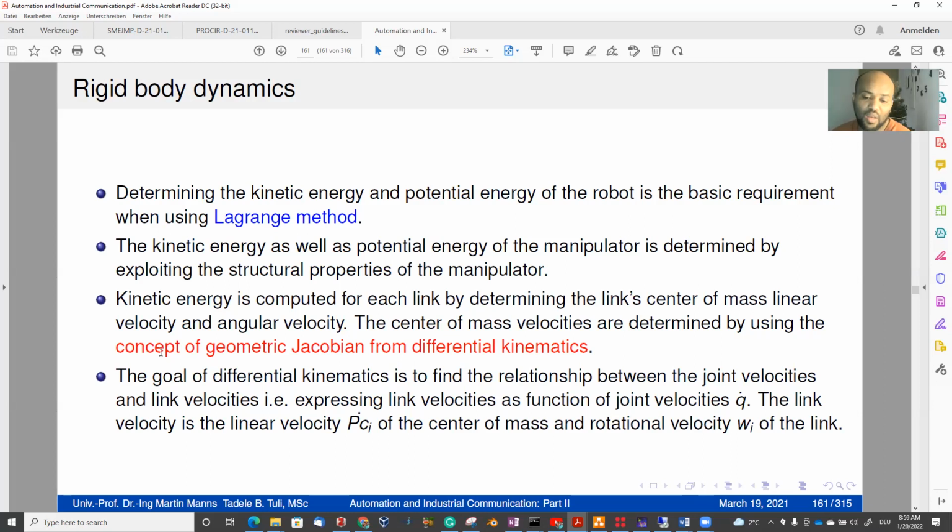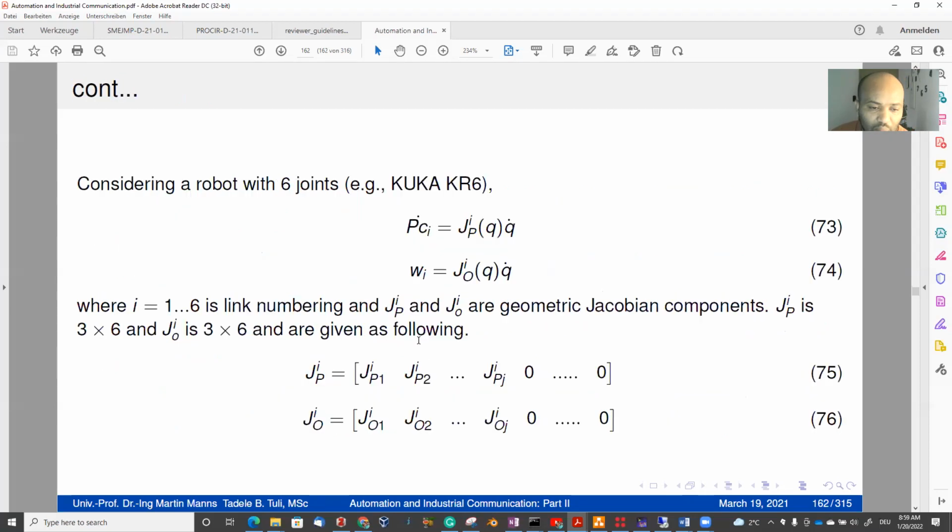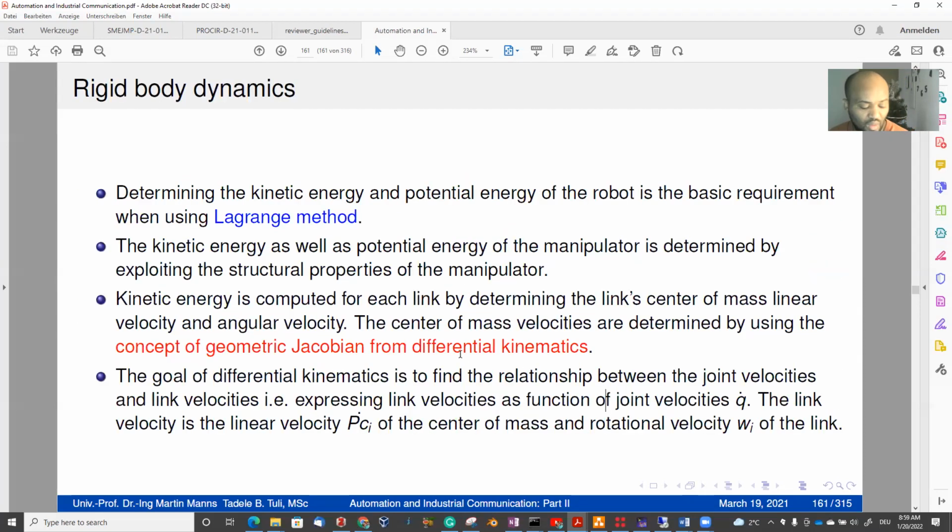So first we consider the robot as a rigid body, and then you are free to study non-rigid robot designs also. But to start with, I would like to start again by talking about the Jacobian, and also maybe Lagrange.